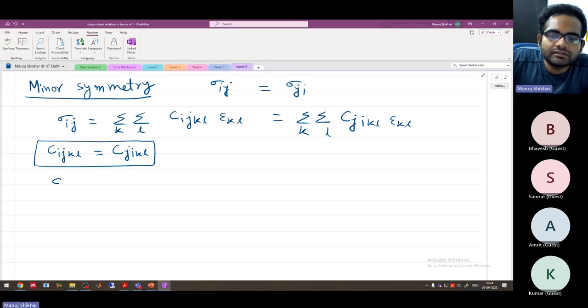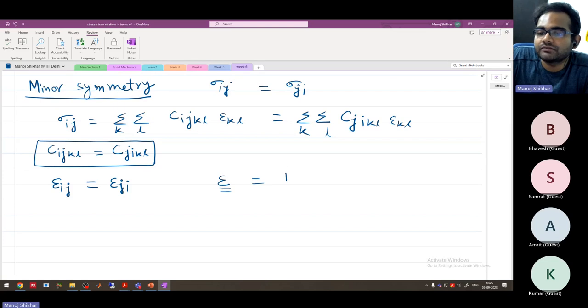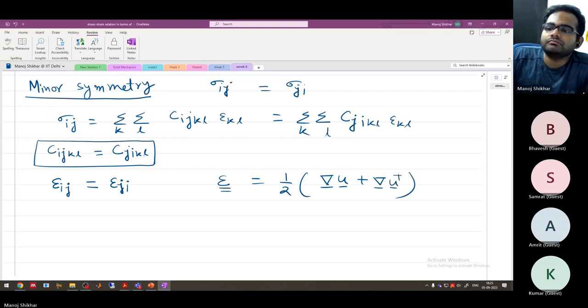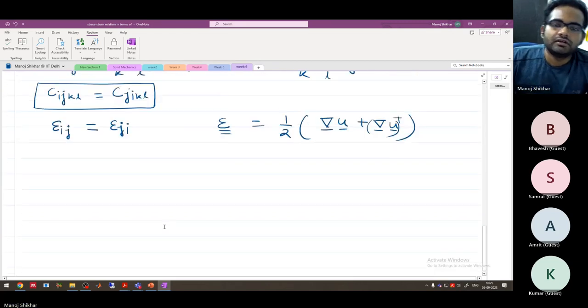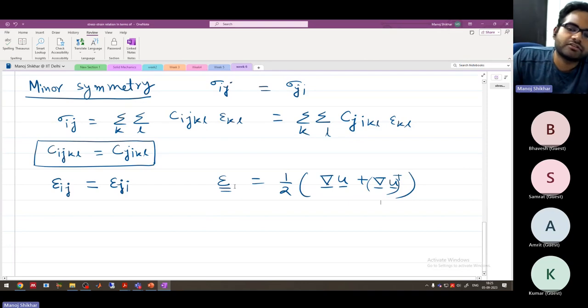Another part of minor symmetry is that epsilon ij is equal to epsilon ji, because strain tensor is symmetric. If you remember, the formula for strain tensor was 1 by 2 gradient of u plus gradient of u transpose. So we know that A plus A transpose by 2 is a symmetric tensor, or symmetric matrix.